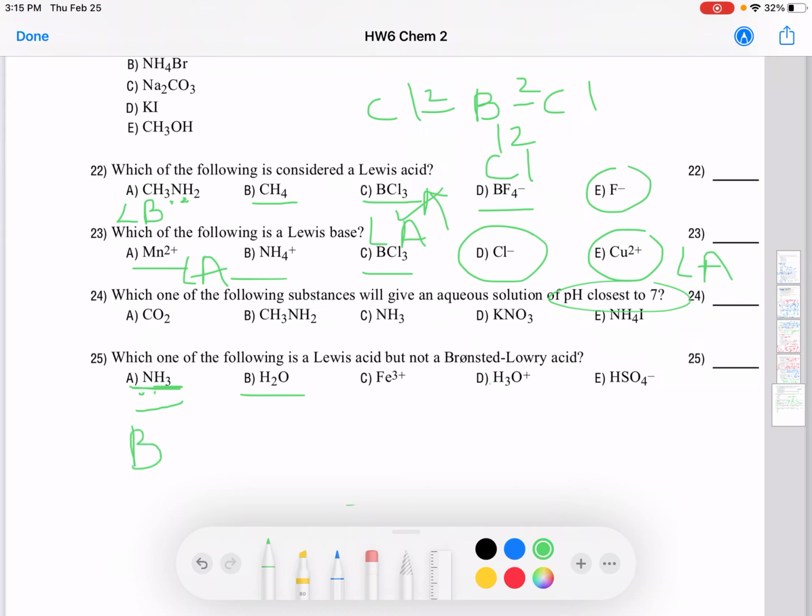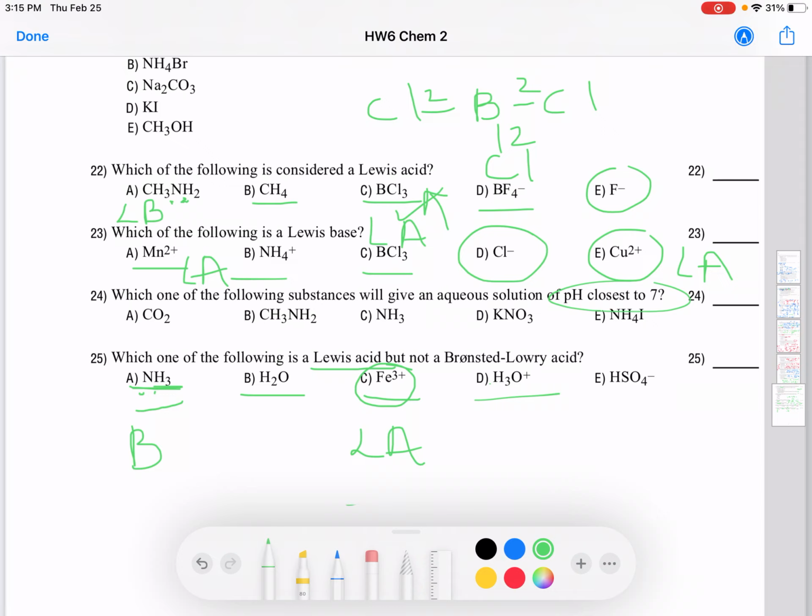What about water? Water can act as acid or base, so we're going to keep it like that. Iron 3 plus, a Lewis acid. Remember we had seen that with water iron can grab 6 water molecules. So iron 3 plus, anything that is electron deficient like a positive charge, can be considered a Lewis acid.